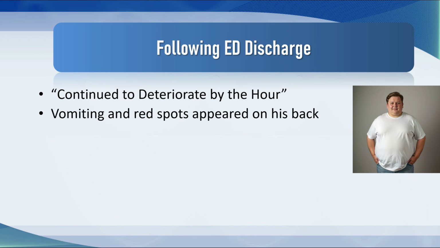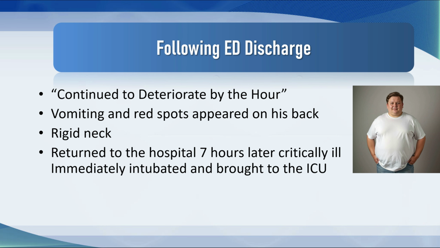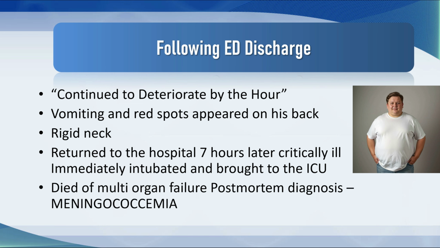He kept vomiting, and then red spots appeared on his back and his neck became rigid. He returned to the hospital 7 hours later and ended up in the ICU, intubated and ventilated on high-dose vasopressors. Unfortunately, Brian died of multi-organ failure, and his post-mortem diagnosis was meningococcemia.